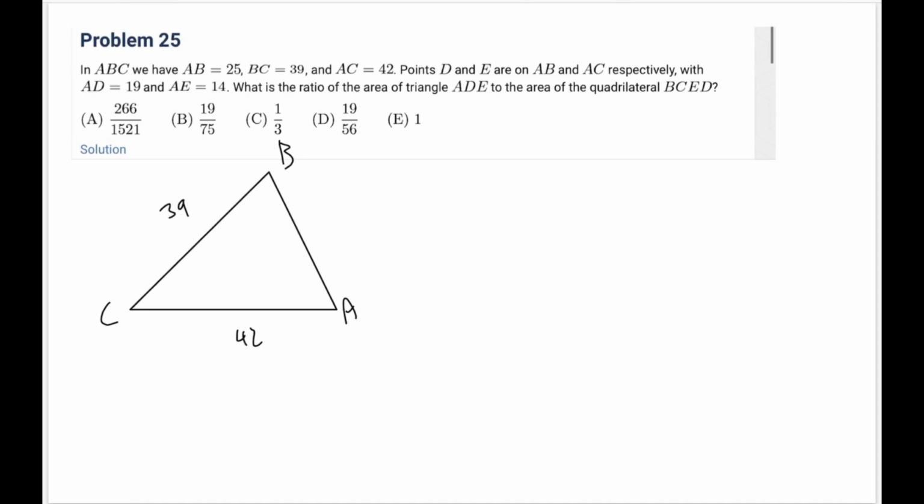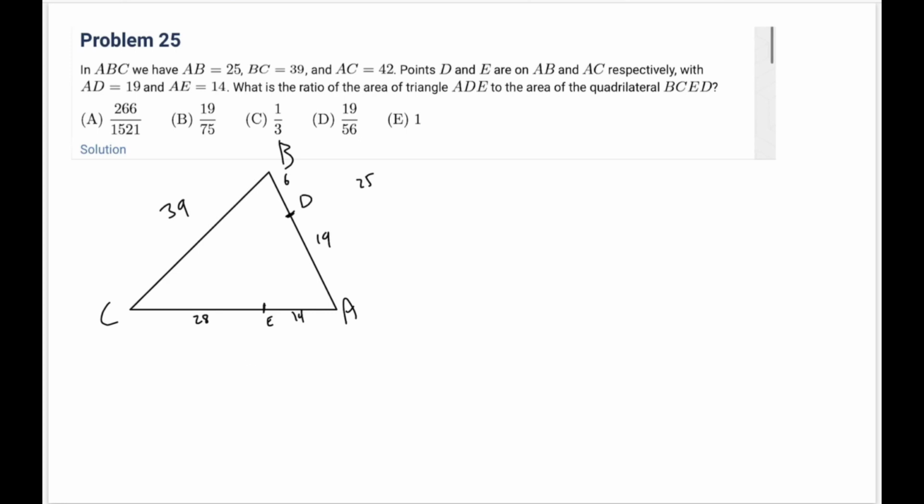So the whole thing is 25. Let's say 19 is just about here. This is D, this is 19, so this will be 6. AE equals 14, so it will be about here. This is E. This is 14, and this will be 28, right?